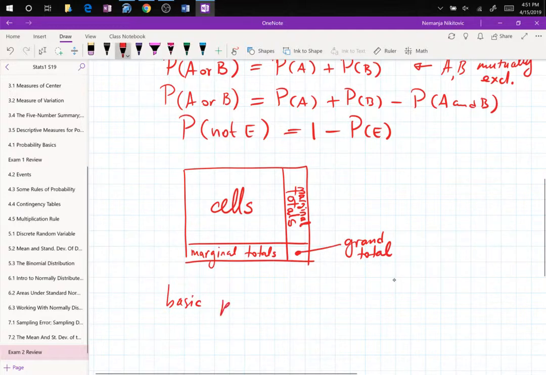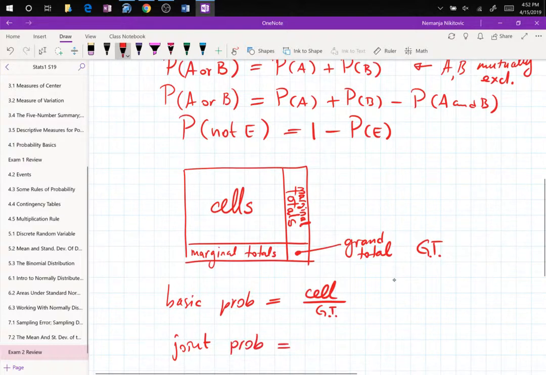So basic probability will be cell divided by GT, grand total. Joint probability will be marginal total divided by the grand total.